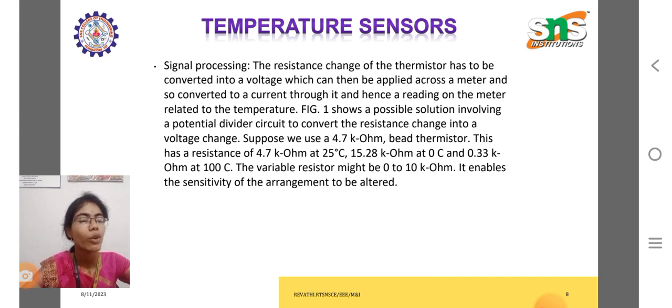Suppose we use a 4.7 kilo ohm bead thermistor. This has a resistance of 4.7 kilo ohms at 25 degrees Celsius, 15.28 kilo ohms at 0 degrees Celsius and 0.33 kilo ohms at 100 degrees Celsius. The variable resistor might be 0 to 10 kilo ohms. It enables the sensitivity of the arrangement to be altered.